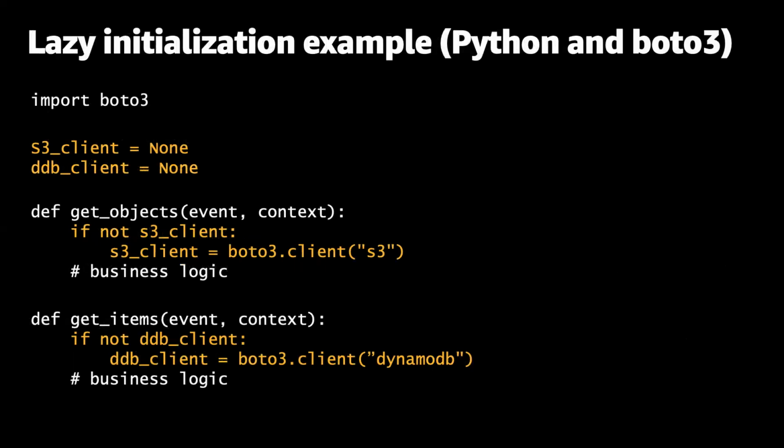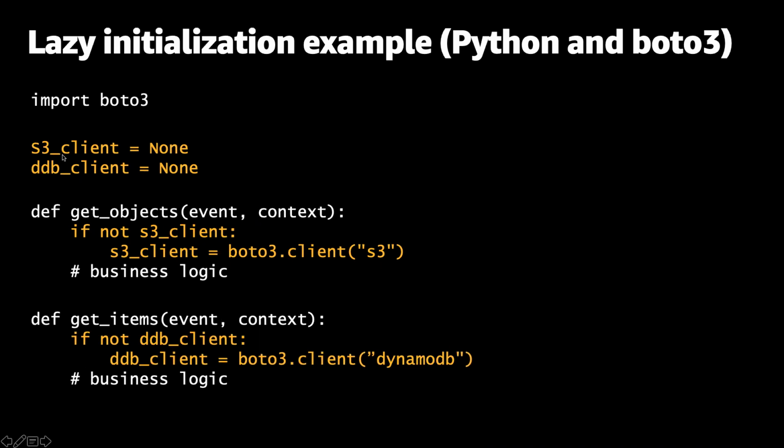Let me show you an example of that lazy initialization. So here, for example, I have two different handlers, get objects handler using S3 and get items handler using DynamoDB. So if I were initializing both clients up here, I would be summing up the latency.